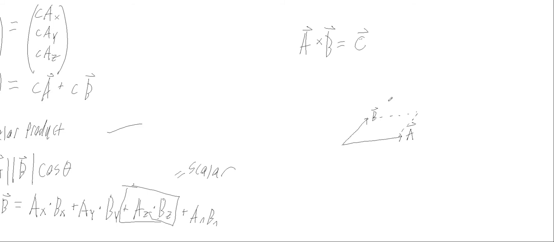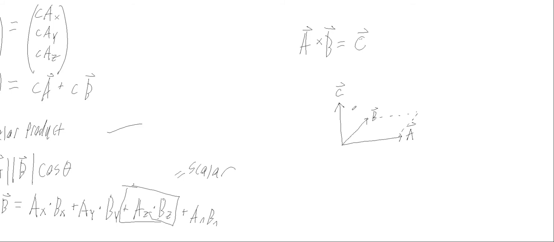So if this area was larger, the vector would be longer. If it was smaller, the vector would be shorter. But that gives us a vector that is perpendicular to both of these other vectors, so vector C.